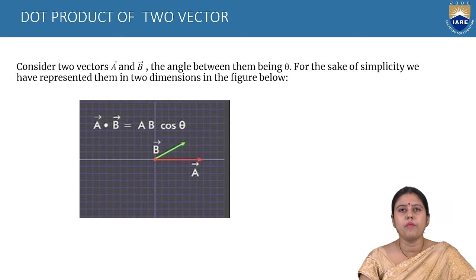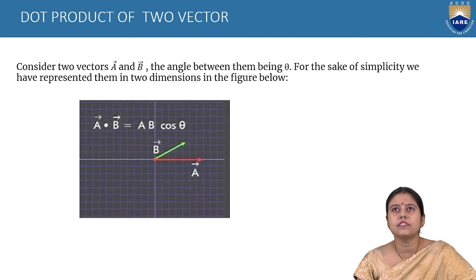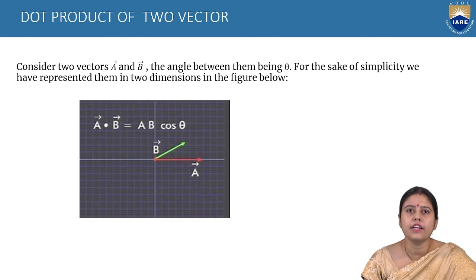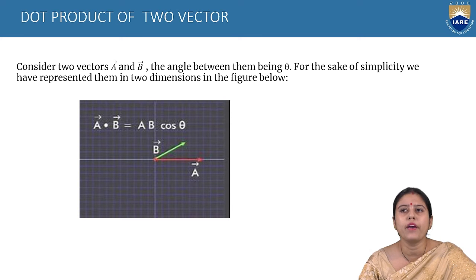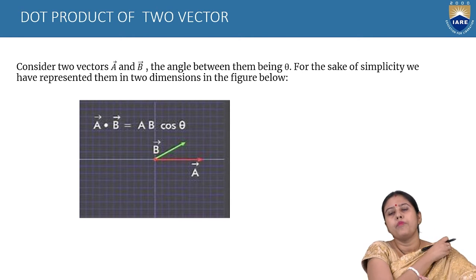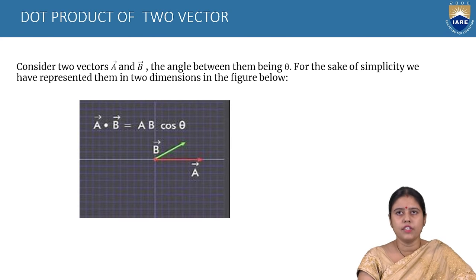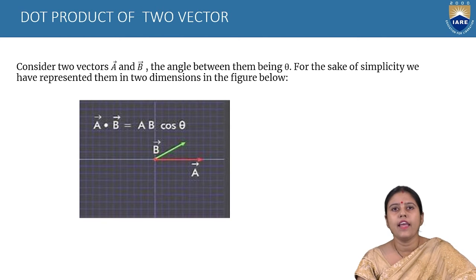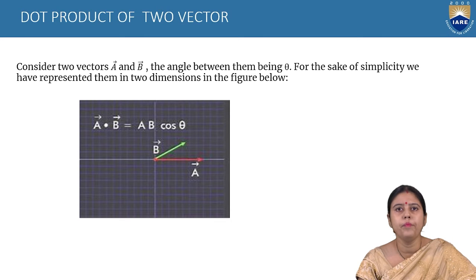Next, we will solve some problems on dot product. Dot product means, just one quick revision. If two vectors are there, the output will be a scalar. a dot b is equal to ab cos theta. If two vectors are parallel to each other, cos 0 is equal to 1, and we can write that a dot b is equal to ab.